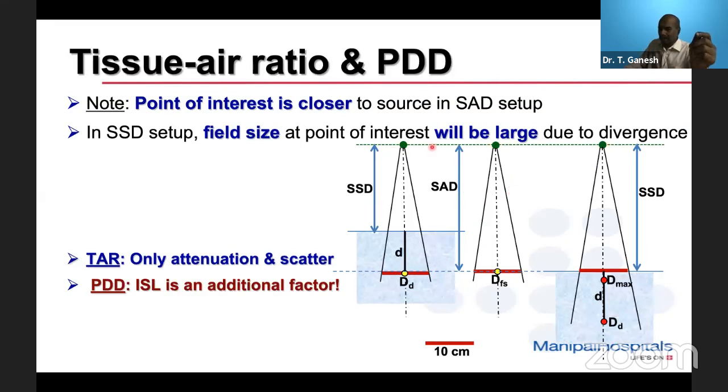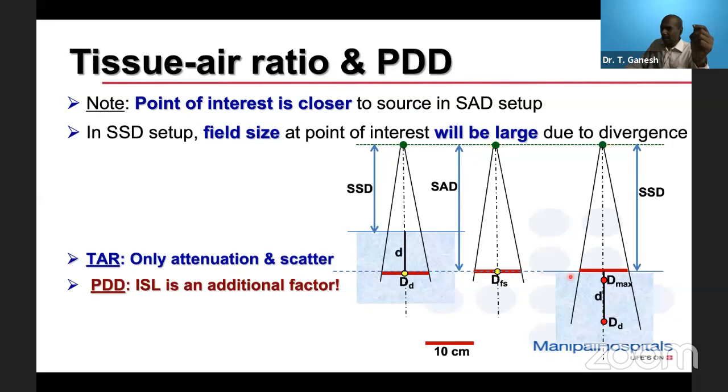Means do not forget the geometry. So the source is at the same position, but in the SAD setup, the point is closer to the source. So here it is at a depth of D, and here it is in air. The ratio of the dose at this point to the dose at this point is the tissue air ratio, which is at the same distance from the source.